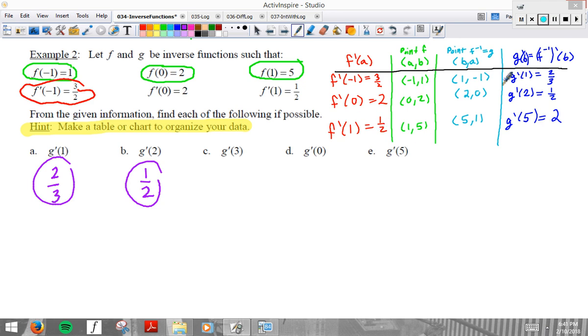g prime of 3 is not possible. To know g prime of 3, I'd have to have (3, somebody). This is how your homework will go. Sometimes you can find a way to figure out who that somebody would have to be. So this would be (somebody, 3), but we can't figure out whose y value this is.